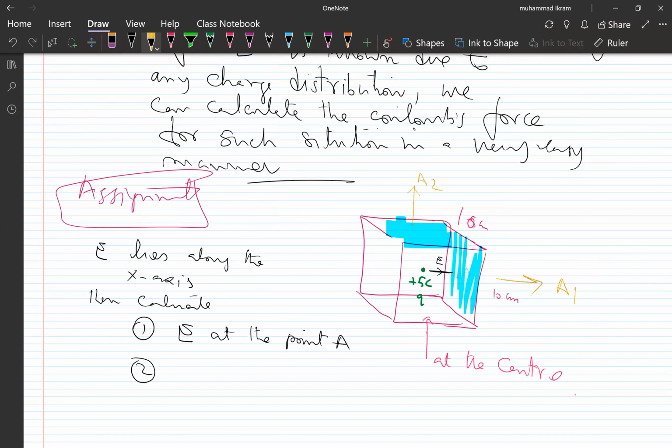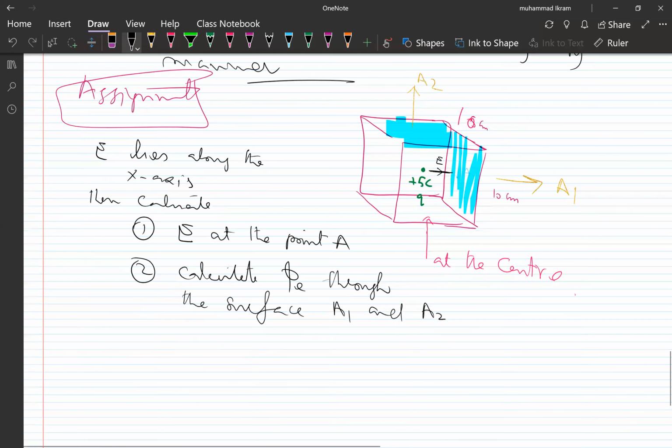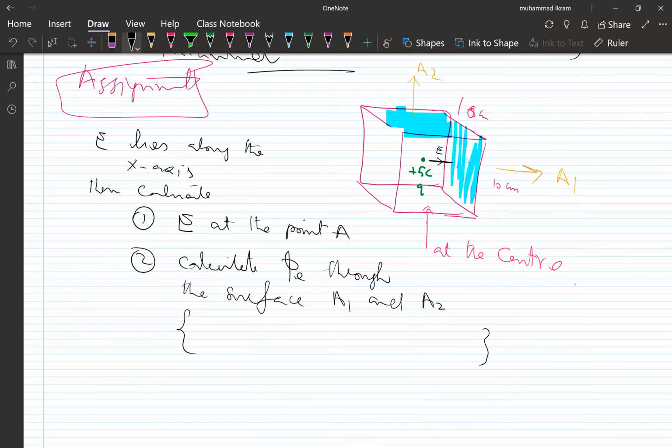Calculate the electric flux through the surface A1 and A2. Note it, I am telling you again, remember, E is only along the x-axis.